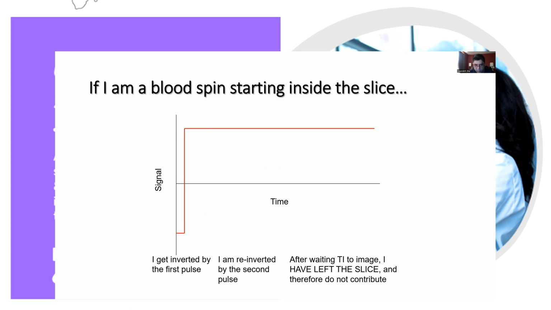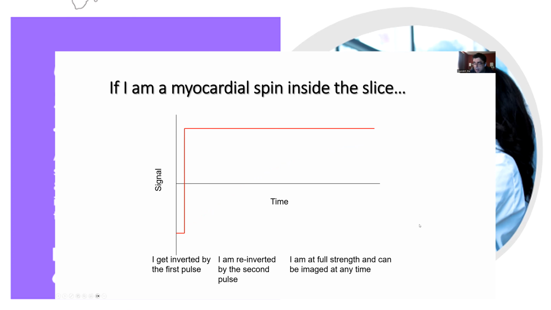So we're not concerned about the blood that's moving into the slice. And if you're a myocardial spin inside the slice, you're brought back to life by the pulse, and now you have signal. That's fine, because we're not concerned about your signal. We just want you to be different from the blood, and you are, because you've been brought back to life.